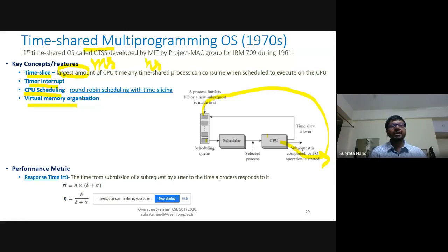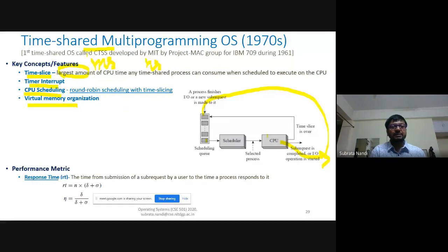So the idea is you create partitions, and each user is given some portion of the RAM to get its code executed. At the same time, the virtualization of memory helps the user run bigger code even in that small portion given to them. Okay, so this can be done in a very smooth fashion.